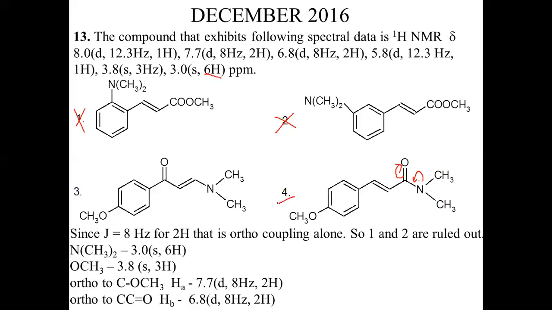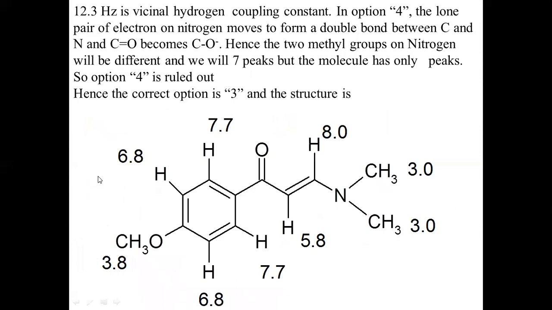So you can just rule out option 4 and your answer 3 has to be the correct option. Fine. So here you can see now these two are identical and when you go here, you have these two, and again this is de-shielded because it lies in the pi electron cloud region. So that is why it is de-shielded.